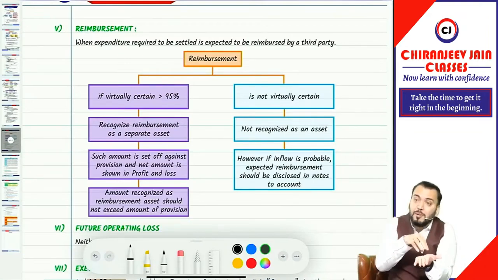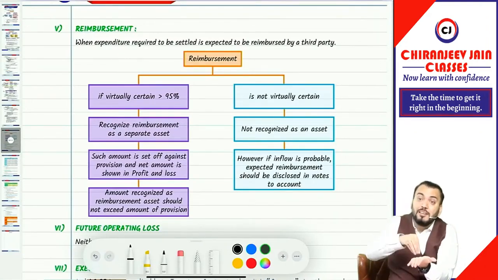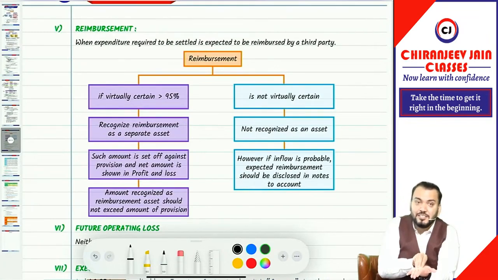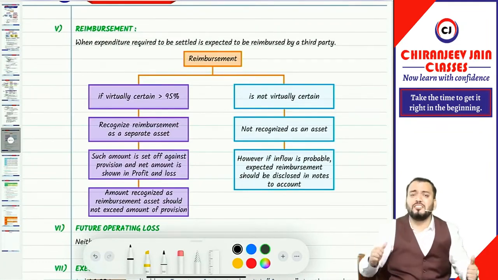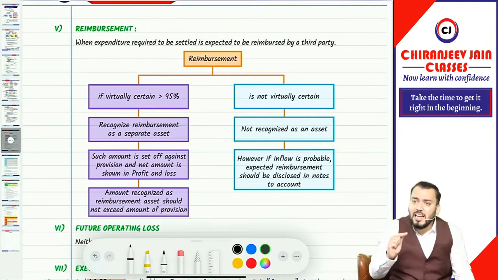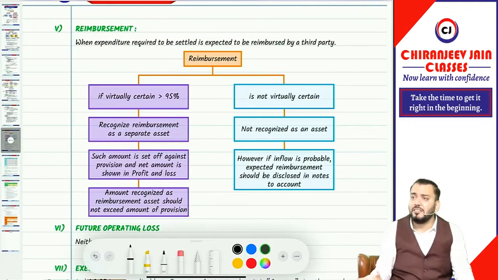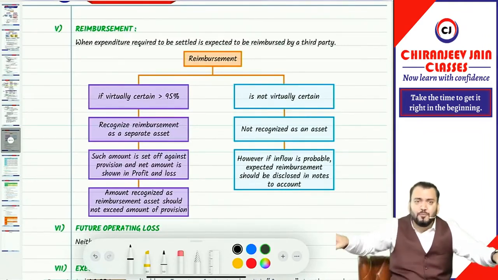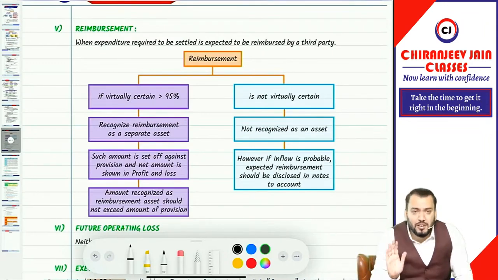So first payment will be done by the company and then it will be reimbursed by the director. Now the question arises whether the company should create a provision. Yes or no? These are two different transactions. Expenditure is a different transaction, reimbursement is a different transaction. Expenditure is outflow and reimbursement is inflow. Are you able to understand?